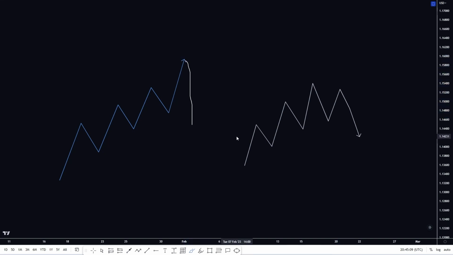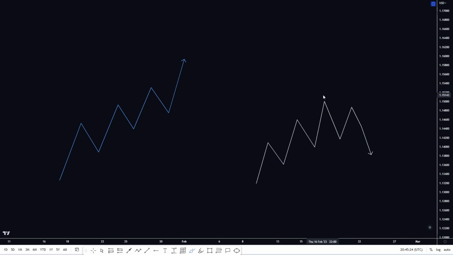So this is how we're going to be spotting our reversal divergence, and it's all about looking for the difference between creating a higher high and creating no more higher highs, but instead lower highs. That's the key to the reversal divergence.